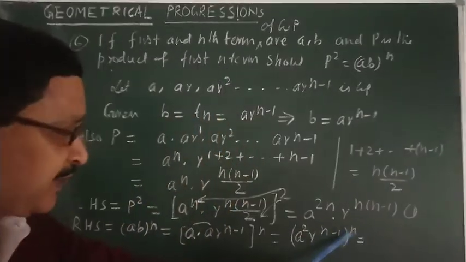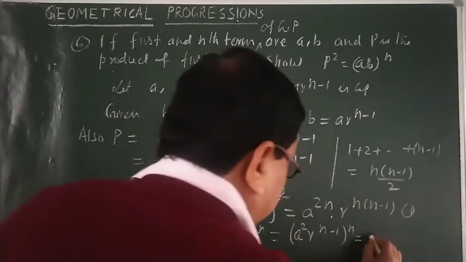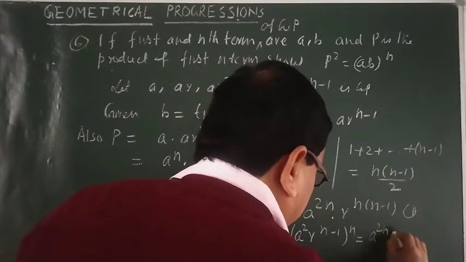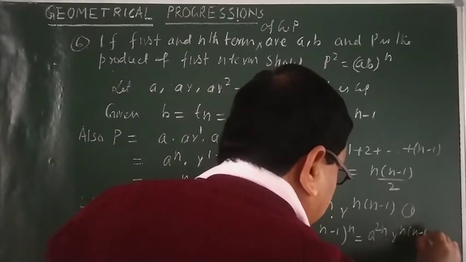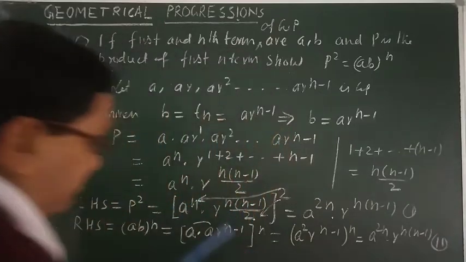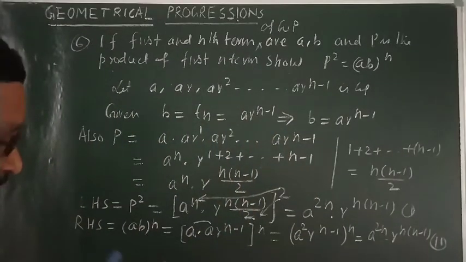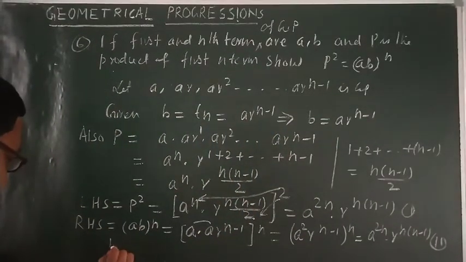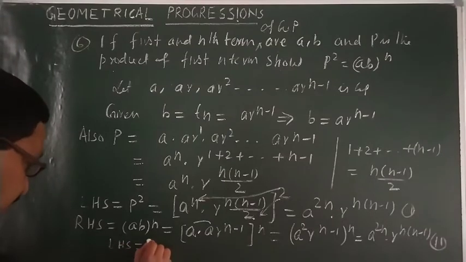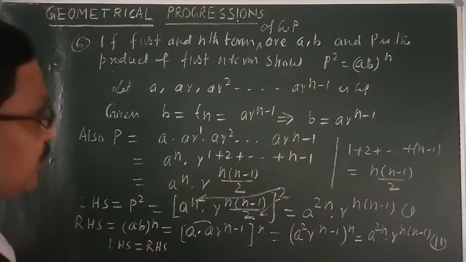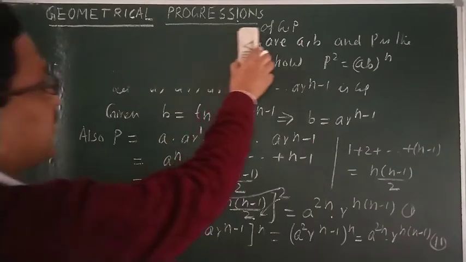Now this power will go to A, this becomes A to the power 2n and R to the power n into n minus 1. So from 1 and 2, the proof is successful. LHS is equal to RHS. This is a very important problem.